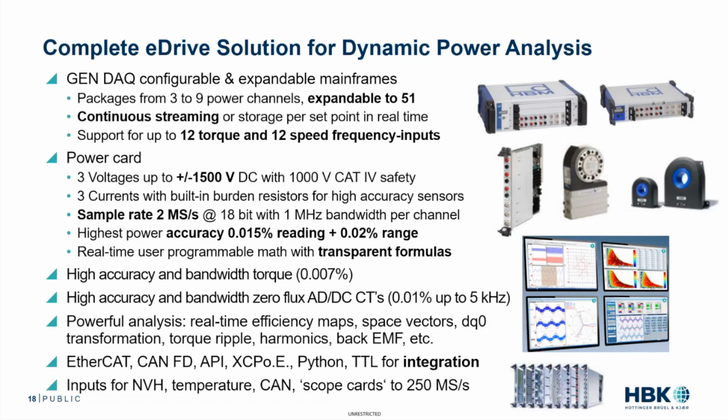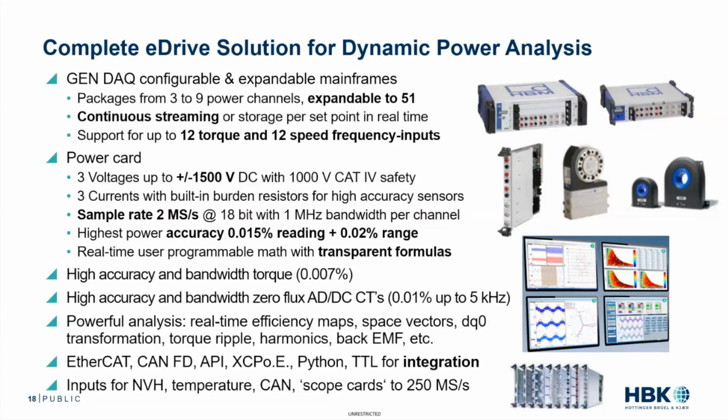And then you want to be able to have inputs other than just voltage, current, torque, and speed. If you're also doing NVH, or you want to make measurements of temperature on, let's say, the motor, the inverter, or some CAN signals. Maybe you need to record some signals that are faster than a megahertz. There's 250 megasample per second cards as well.